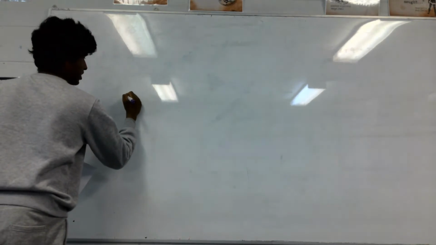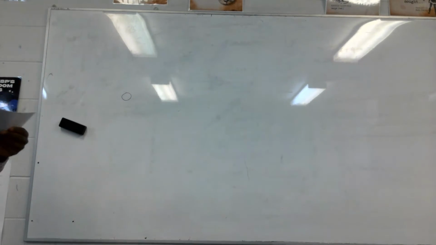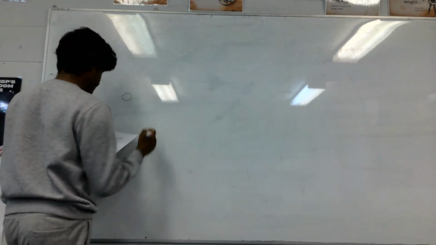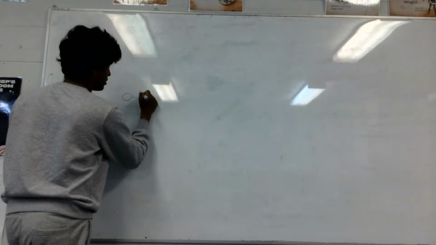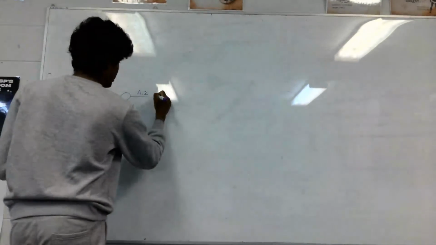Alright, so we're going to start here, and then we're just going to be installing the memory board. That takes 2 minutes. And then we get to our next task.